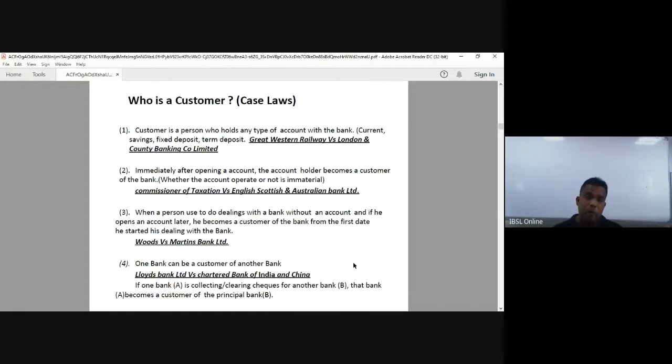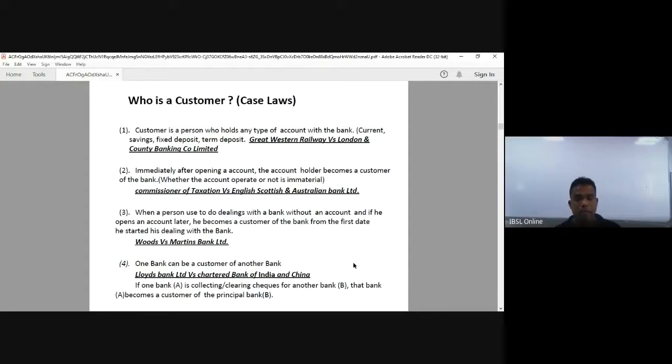Now, a very important point here is as per the Wood versus Martins Bank Limited judgment. When I opened the account in June 2021, I become a customer of the bank, but not from the date that I opened the account, from the date that I first dealt with the bank.